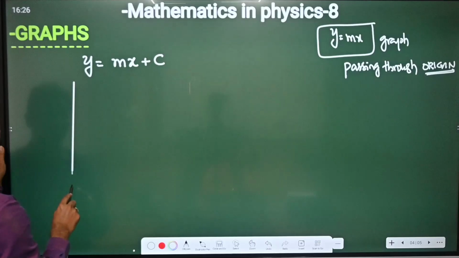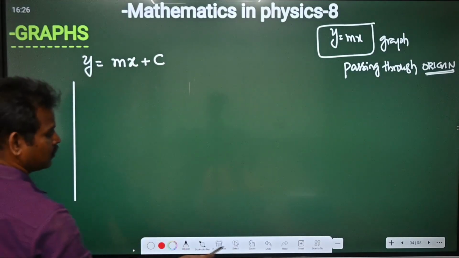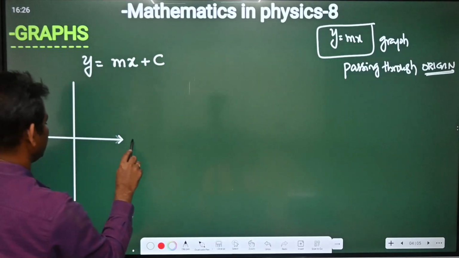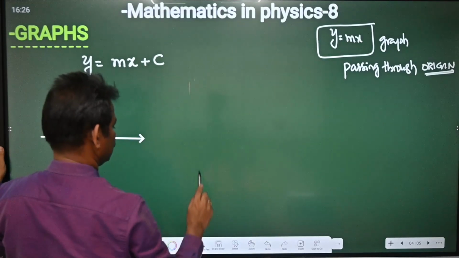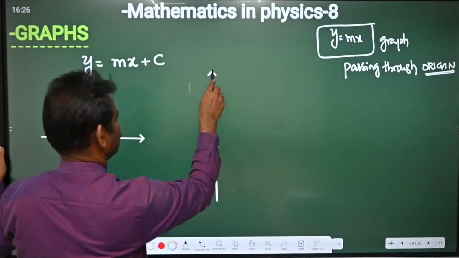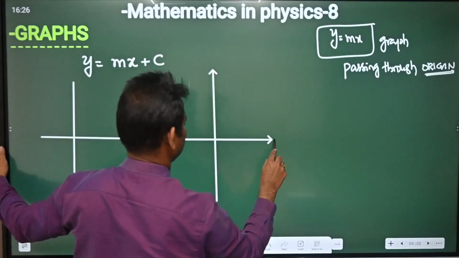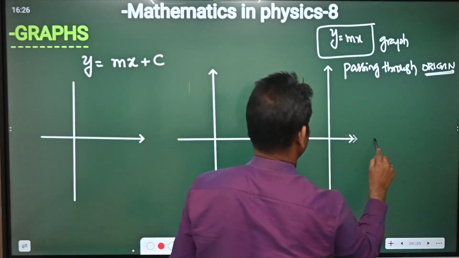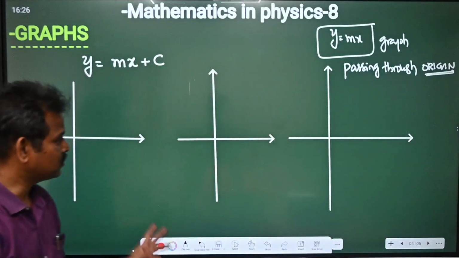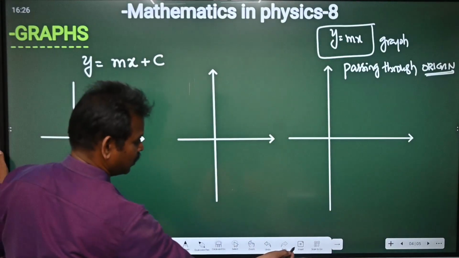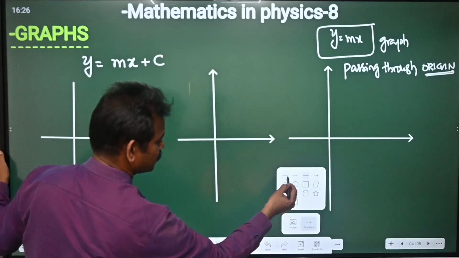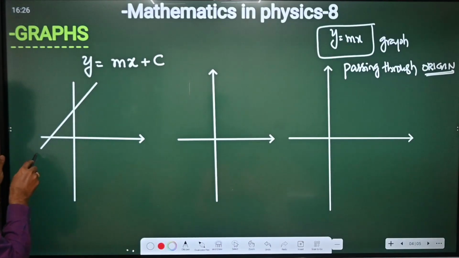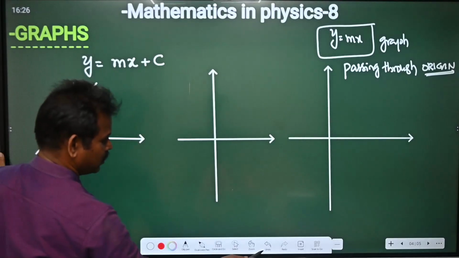This is the first y axis, this is x axis, another y axis, another x axis. So we have taken three different graphs here. In this, the first graph is shown like this. Let me change the color here.